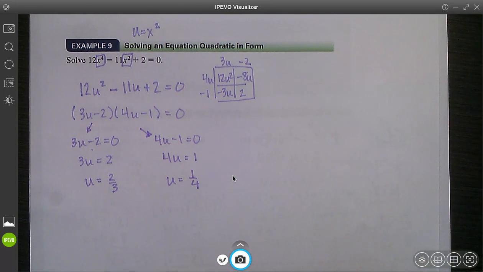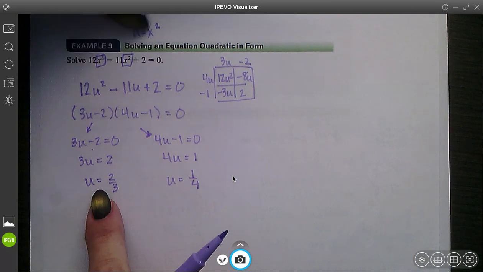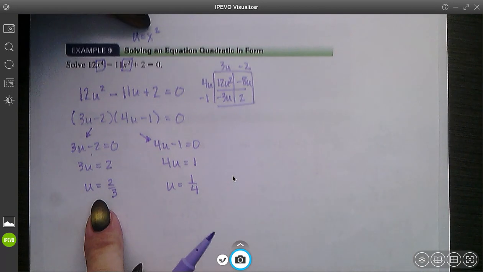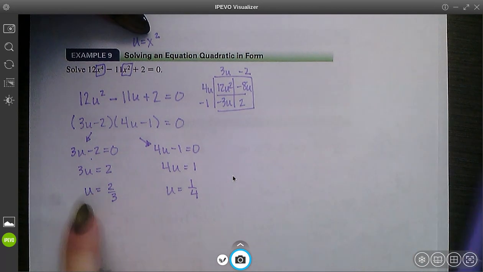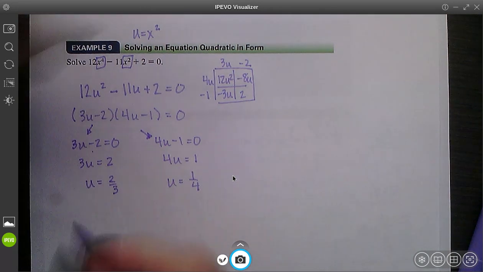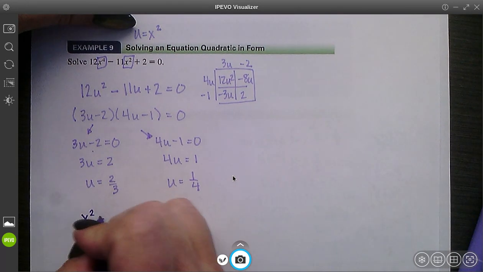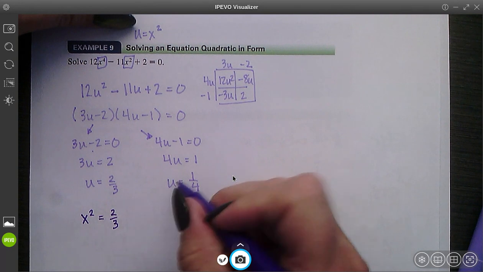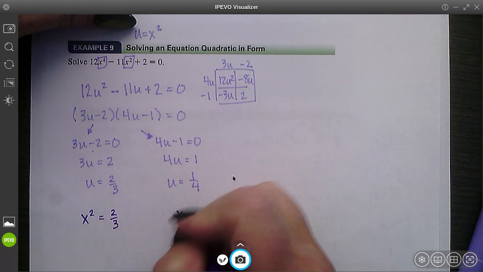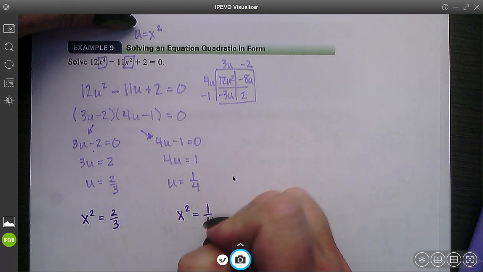All right, we're not done though, because I have to go back and figure out what x is. Well, I know that u had gotten replaced with x squared. So instead of u equals 2/3, I'm now going to write x squared equals 2/3. Instead of u equals 1/4, I'm now going to write x squared equals 1/4.